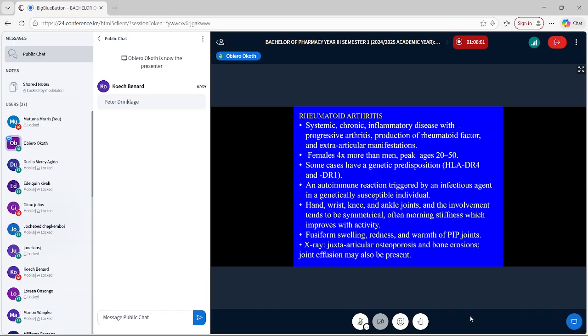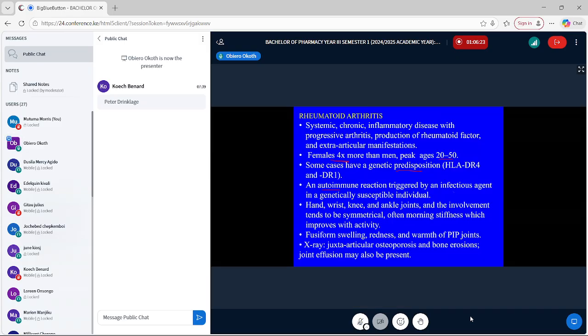The key word here is rheumatoid arthritis because it produces rheumatoid factor. As common with most autoimmune conditions, it is very common in females, age 20 to 50 years. There's some genetic predisposition, including HLA-DR4 and DR1.